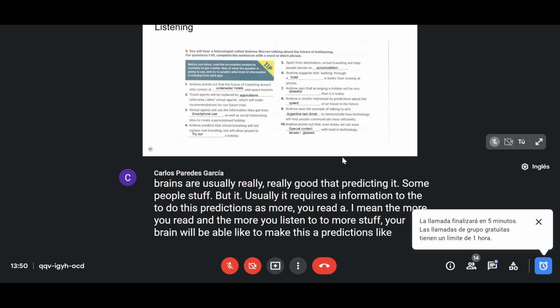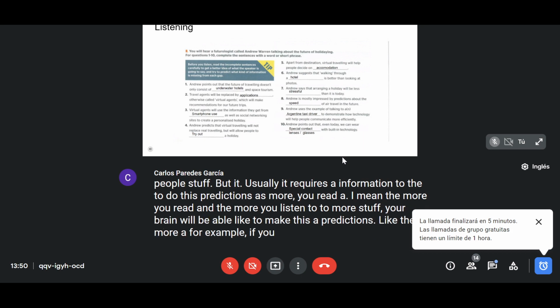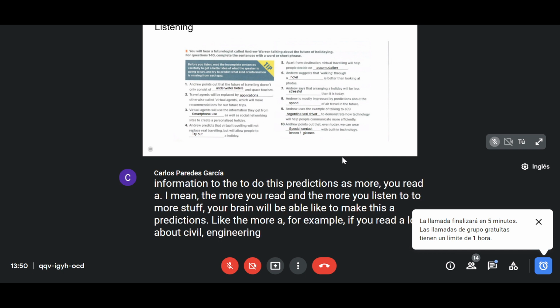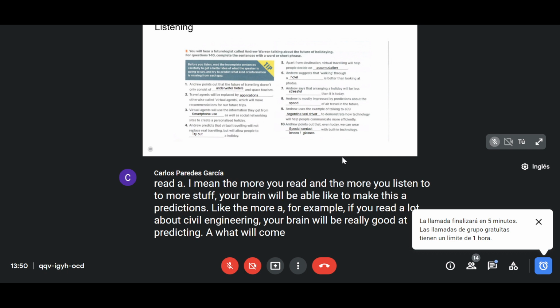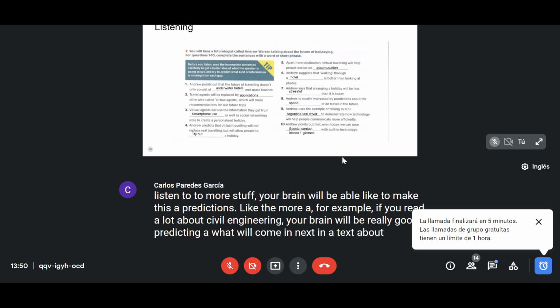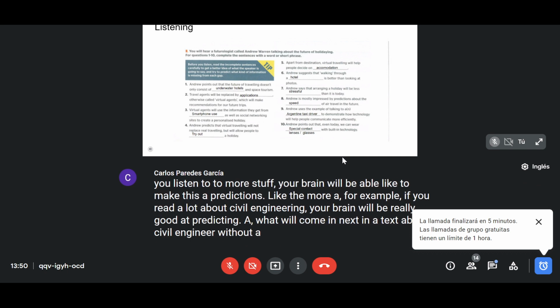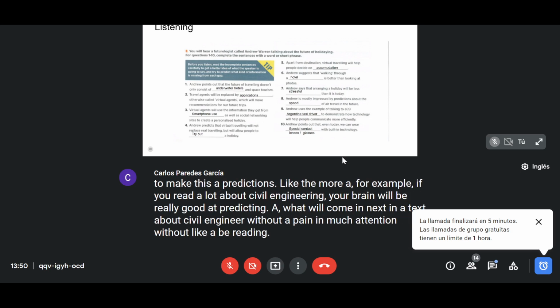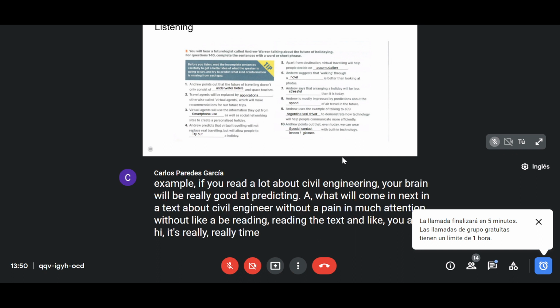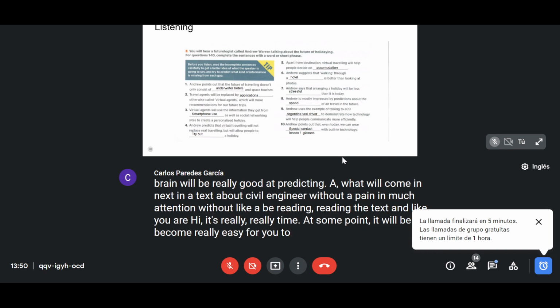For example, if you read a lot about civil engineering, your brain will be really good at predicting what will come next in a text about civil engineering without paying much attention, without reading the text like you are. It's really tiring. At some point, it will become really easy for you to be able to do that.